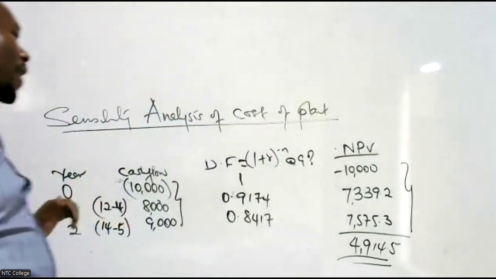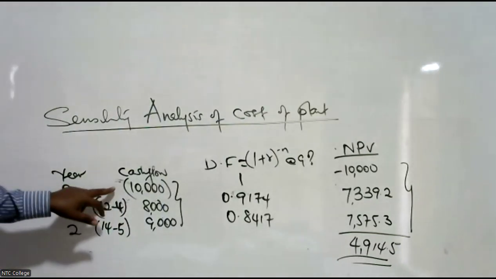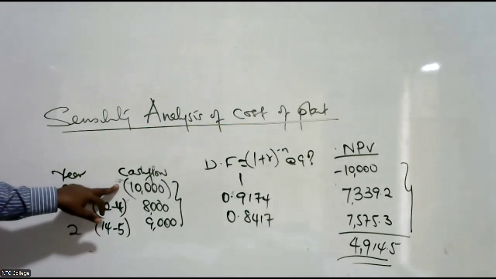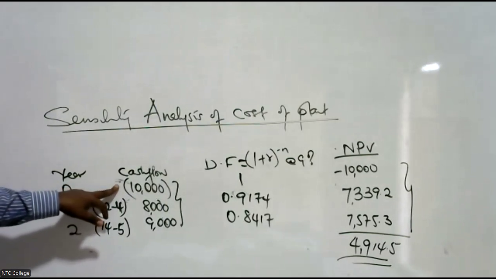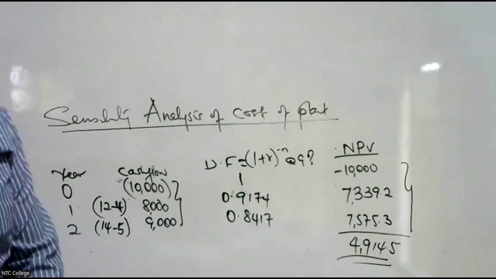So we are changing cost of plant, leaving the rest constant. Cost of plant is 10,000. If you vary it by 10%, then is it going up or going down?